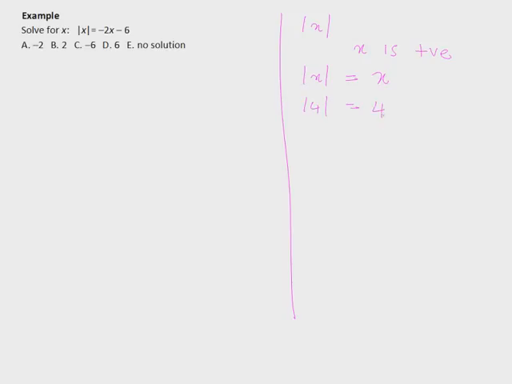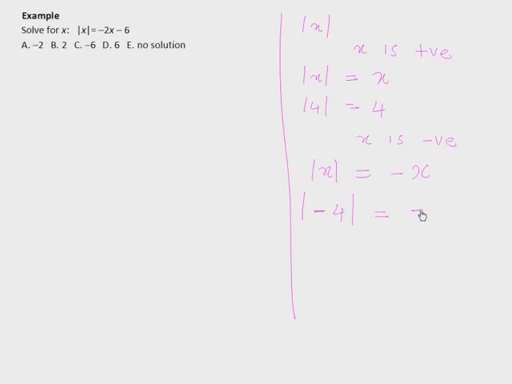is 4. But if x is negative, then the absolute value of x does not stay x. It becomes the negative of x because you want a positive answer. So the absolute value of x becomes negative x. For instance, if x is minus 4, then the absolute value of x is not minus 4.